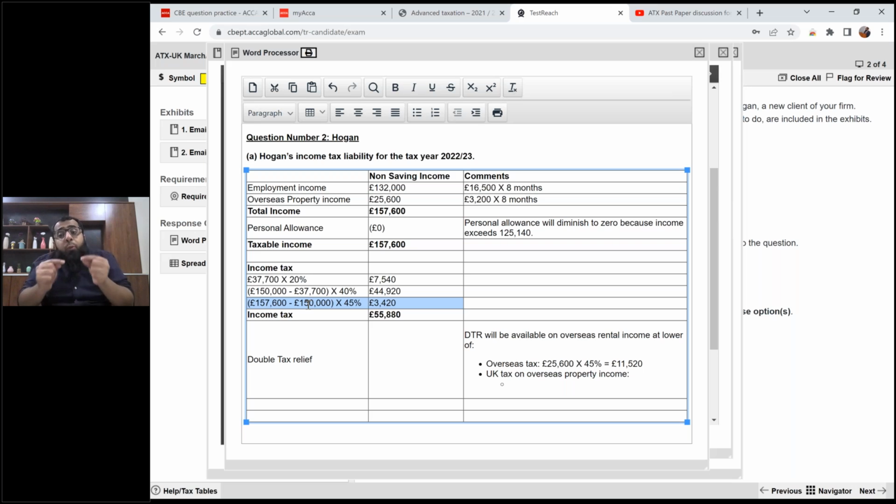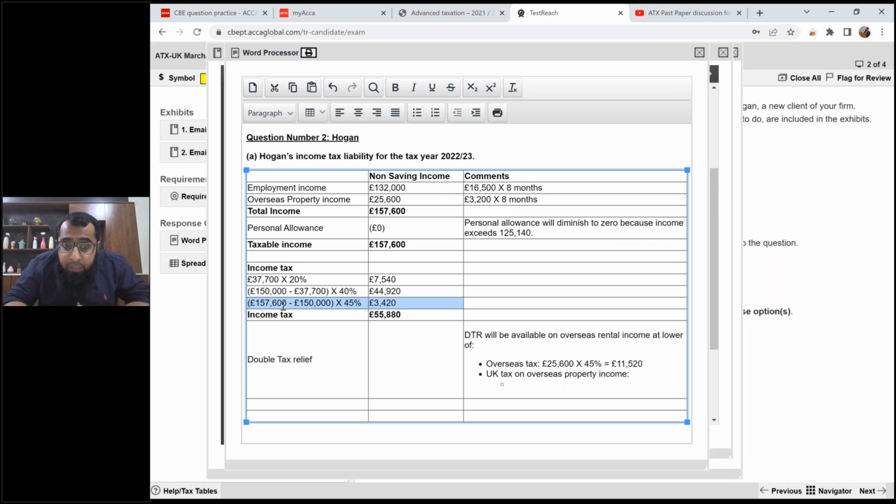If you remember the rule of double taxation relief in individual overseas, you should remember that in UK, we tax overseas income at the last slice, at the maximum rate, so that the DTR gets maximized.